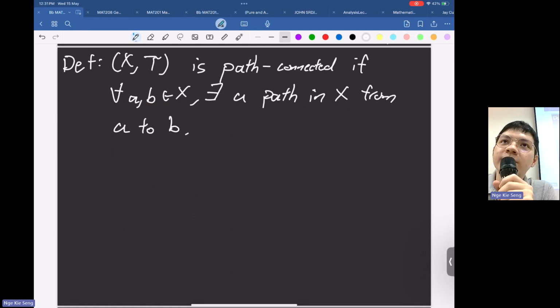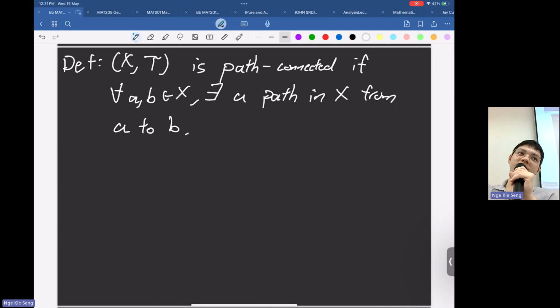Can A equal B or not? Yes, can. If A equals B, what kind of path can you take? Yes, a constant path. Meaning you send the interval 0 to 1 to just one point.